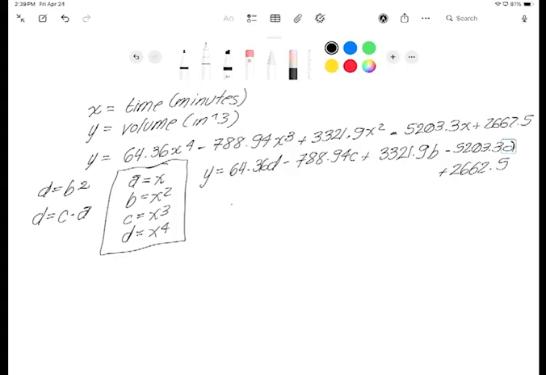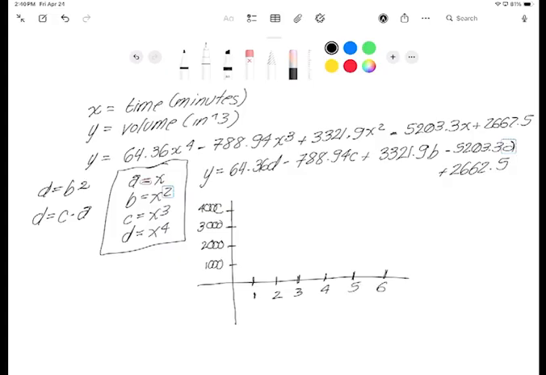Also, since we're testing out the actual function we got with Excel, I'm just going to do a rough sketch of the graph. So when x equals 0, a and b and c and d are all 0.